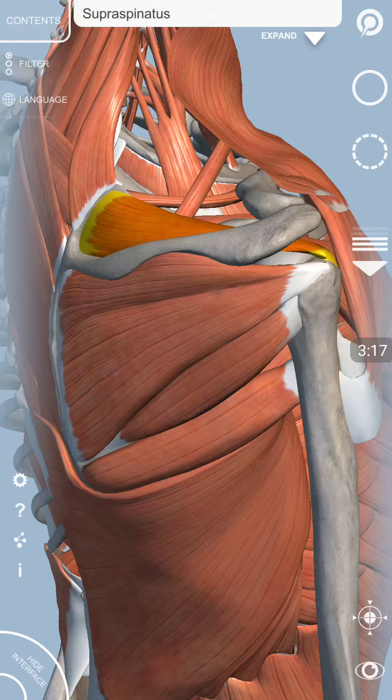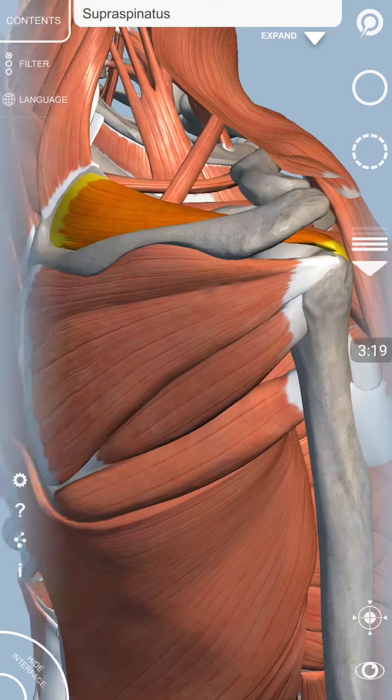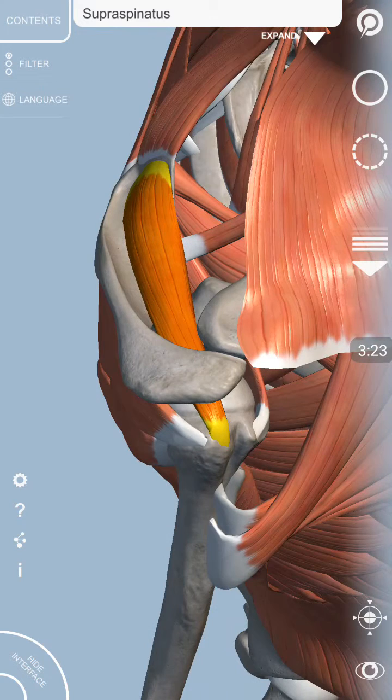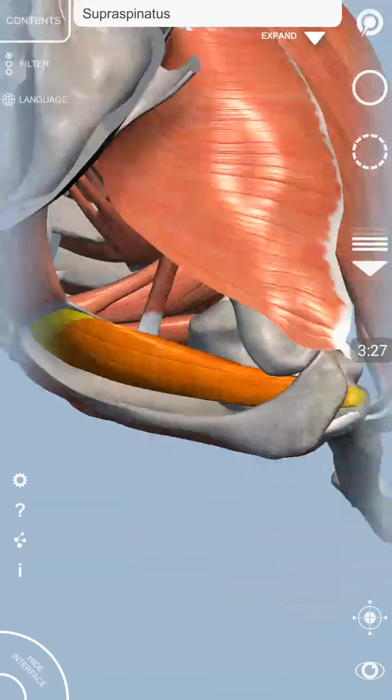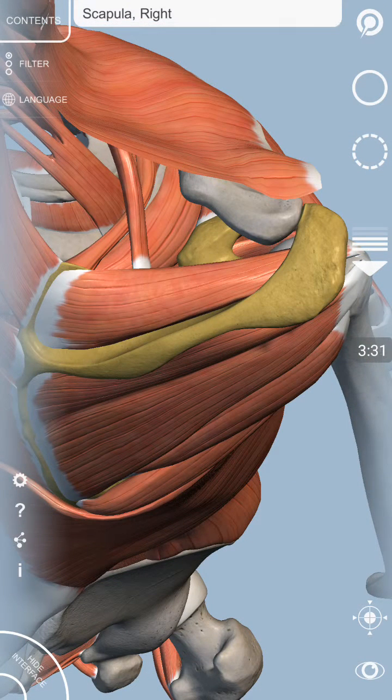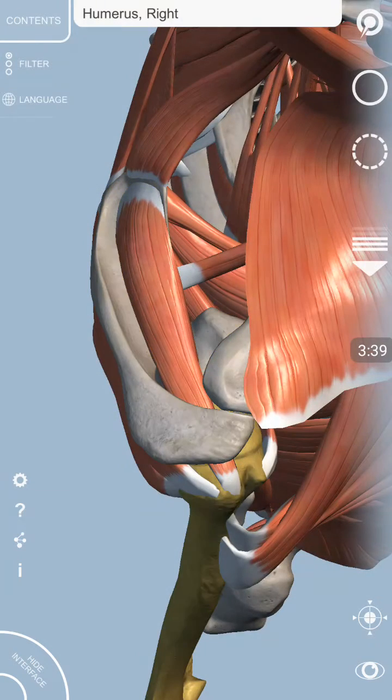So just look at the origin and insertion of this muscle and the orientation of this muscle. Now the rule is that whenever a muscle contracts, look at the direction of fibers. In this case, origin pulls the insertion toward itself. Here is the origin and here is the insertion.